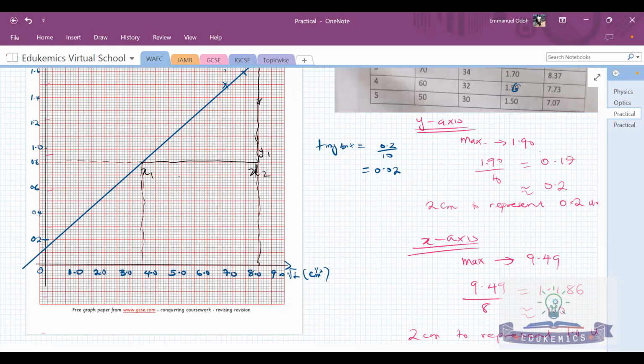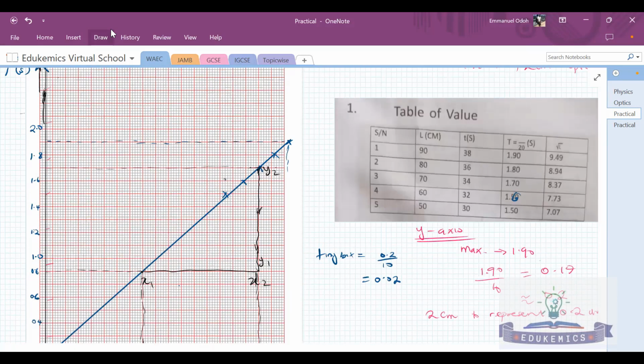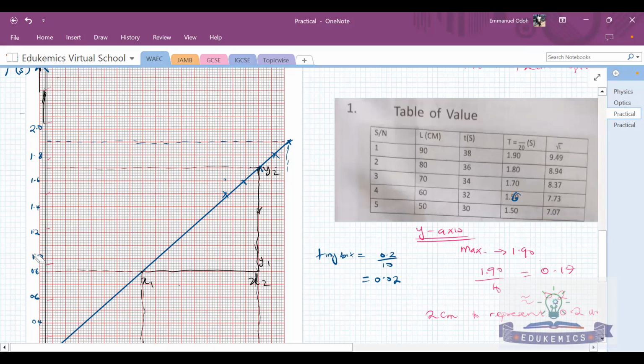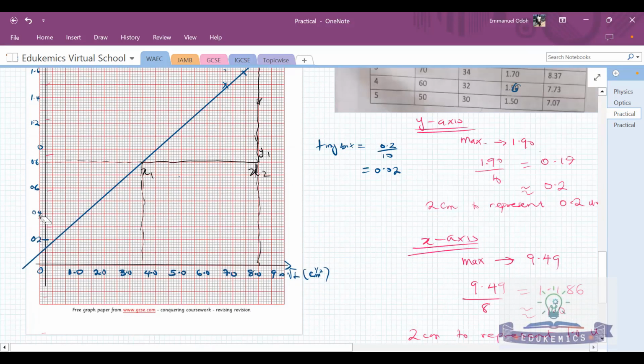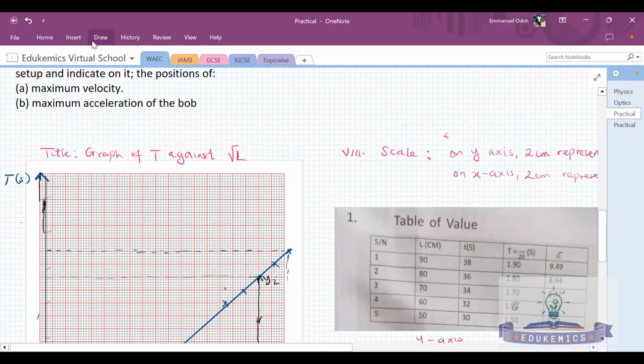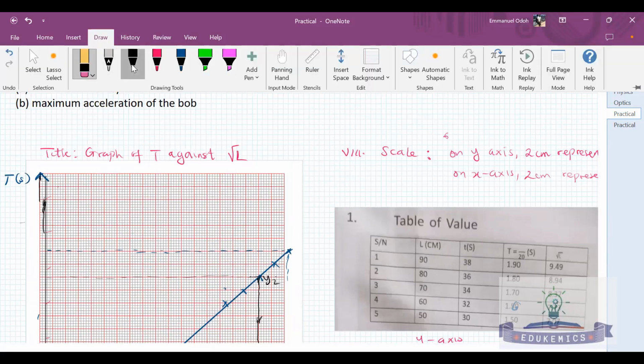So there was a mistake in this labeling here, which needs to be corrected. This 1.0, this place, there's a mistake here, so it has to be in the correct order. So let's correct that.